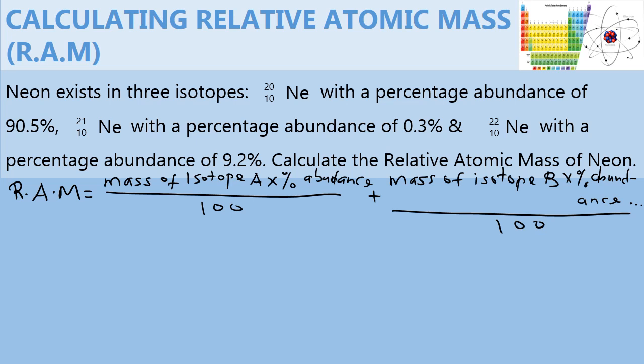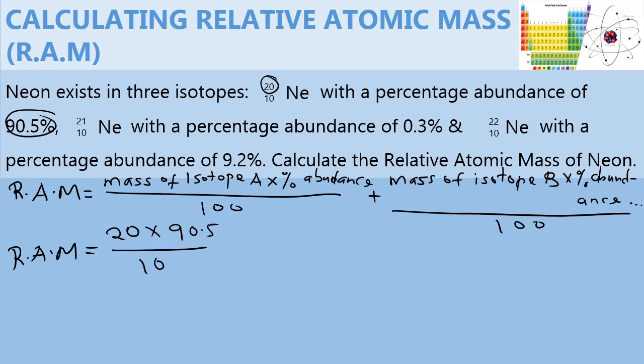So for neon, we have 3 isotopes, and therefore the relative atomic mass will be equal to: the first isotope has a mass of 20 and a percentage of 90.5. So we have 20 times 90.5 divided by 100.